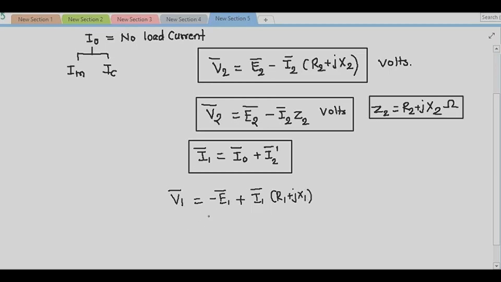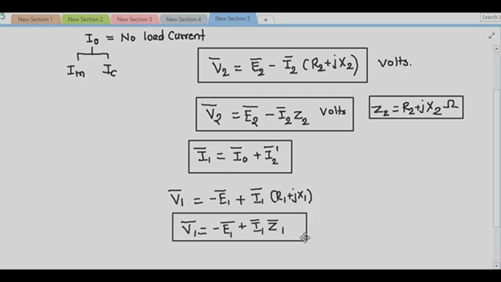Similar to this equation, V1 is the vector sum of E1 and the impedance drop in the primary winding. The cosine of the angle between V1 and I1 gives the power factor on the primary side of the transformer.